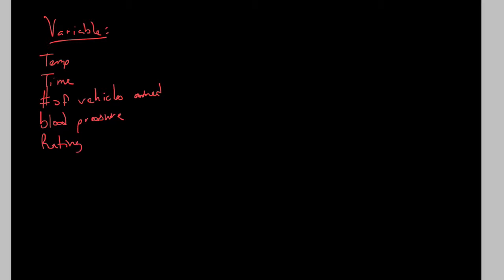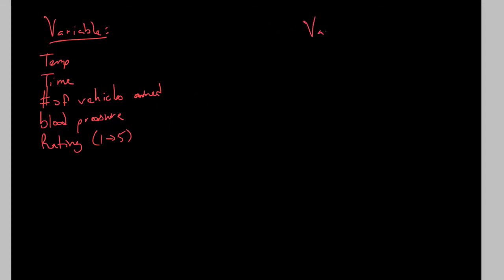So if I were to collect data based upon, say, temperature or time, or the number of vehicles owned by a typical family if I was doing some type of study, or blood pressure, or a rating from 1 to 5 on a scale, these would all be examples of variables. And as a matter of fact, these are all what we call quantitative variables.